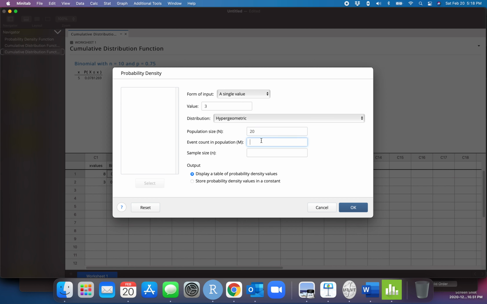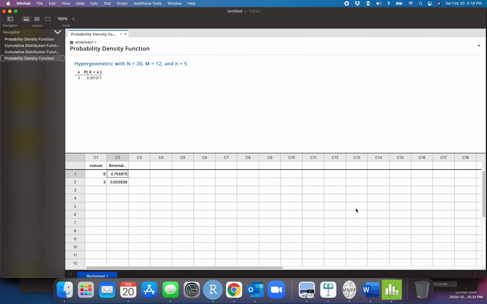Population size is 20. Count in the population is 12. Sample size is 5. So we click OK. And then there is our hypergeometric probability. For 3, the probability that X is 3 is 39.7%. Okay? And of course, you could answer any sort of cumulative probability with ease with Minitab.